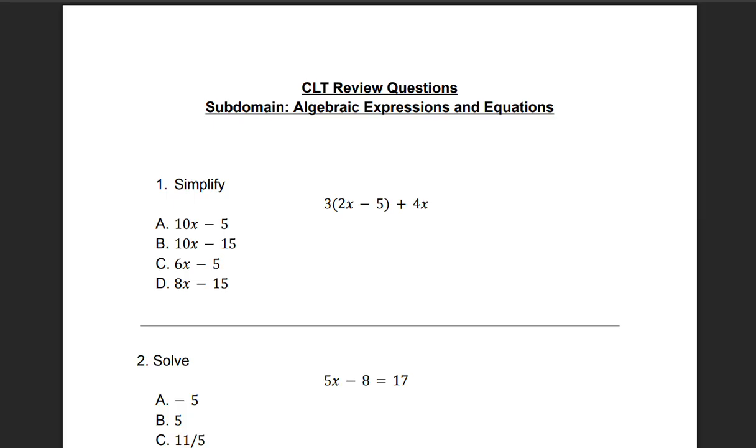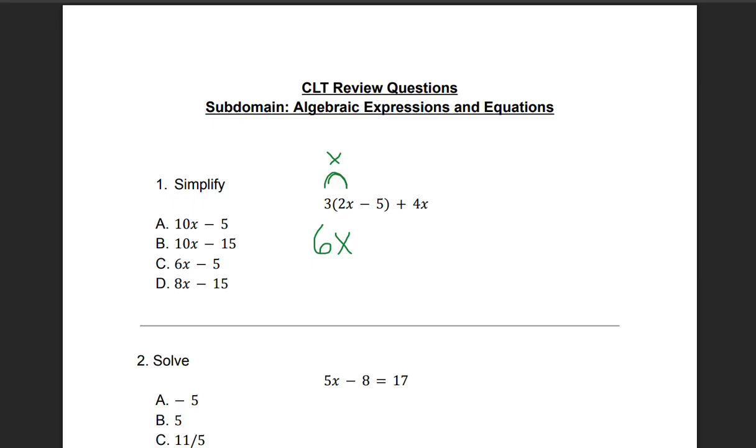With multiplying, we're going to do what's called the distributive property, meaning I'm going to multiply the number in front with the first term inside of the parentheses. Well, 3 times 2 is going to give us a 6. And when I have a variable, we are going to keep the exponent for the variable and just tag it along.